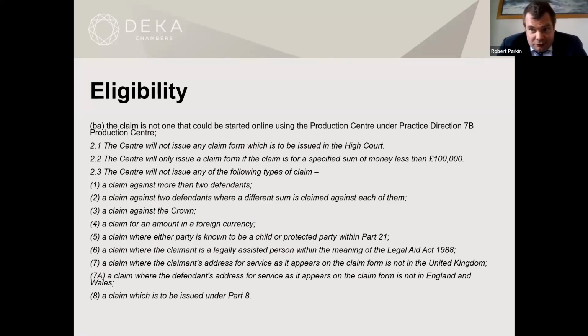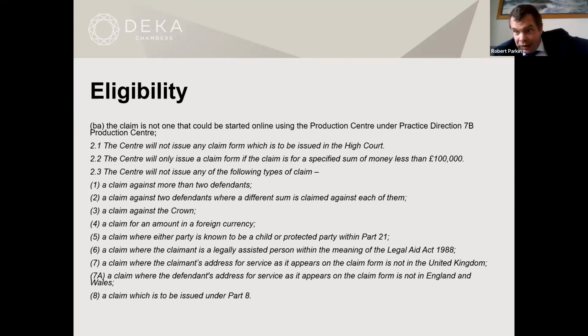This gets complicated. The claim is not one which could be started online using the production center under practice direction 7B. And what you have here are the requirements for a claim to be started under the practice direction.